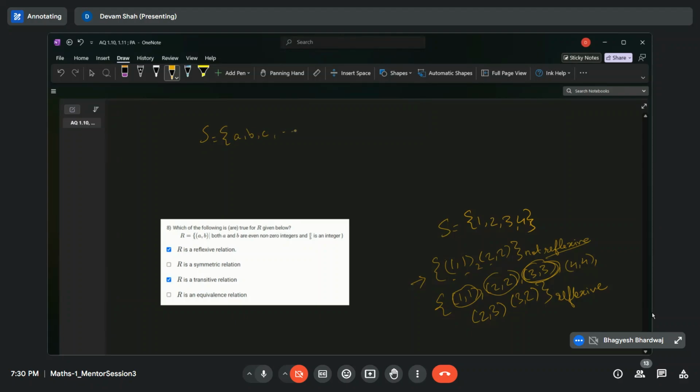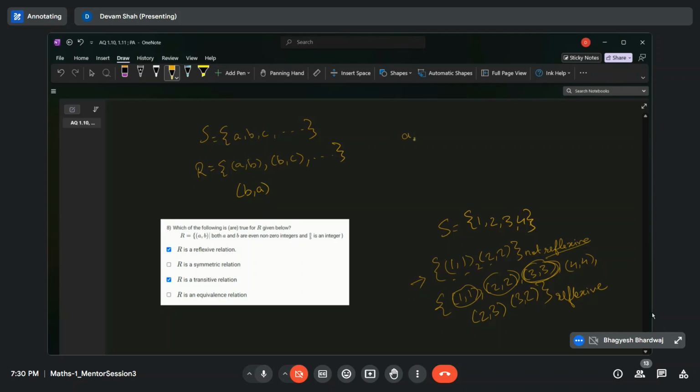Now there is a relation on S, which is A comma B, comma C, and there are other terms also. For this to be symmetric, there should be B comma A also for sure.